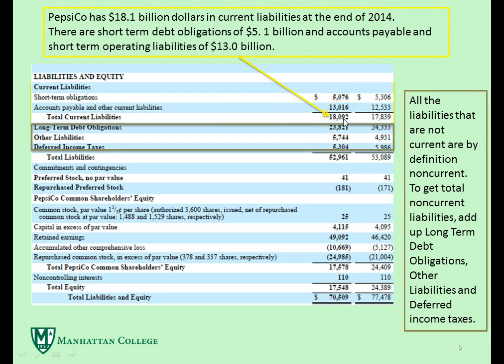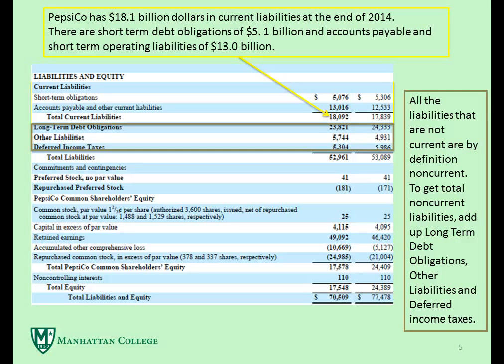So out of their liabilities, some of them will be paid within the year or the operating cycle, whichever is longer. All the liabilities that are not current have to be non-current, meaning you have a little longer to pay them.